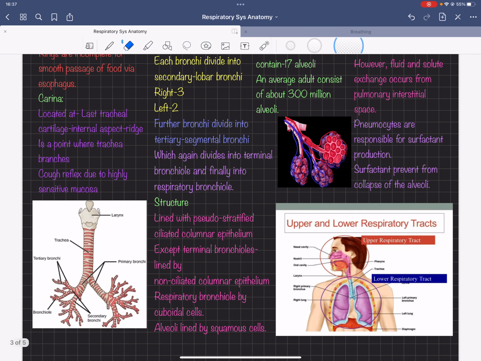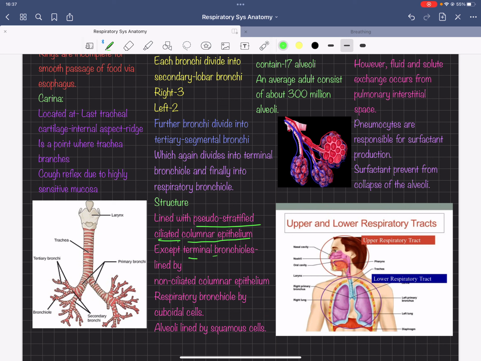Now next, we need to understand what kind of lining or membrane is present in these different structures of the bronchi. First of all, the bronchi have columnar epithelium which is ciliated and pseudostratified. These are ciliated because they help to trap different foreign particles and prevent them from entering the alveoli.